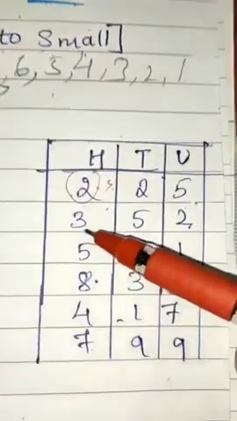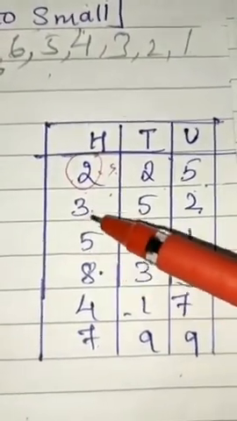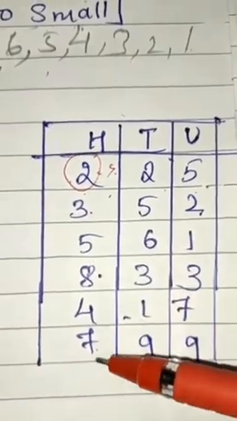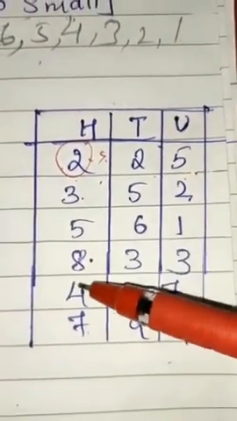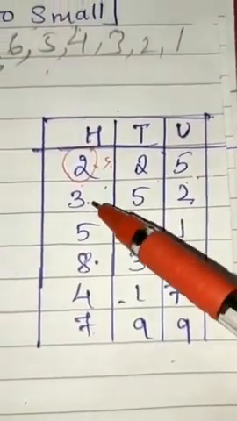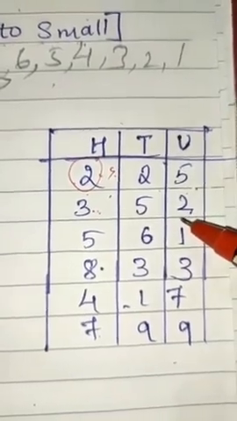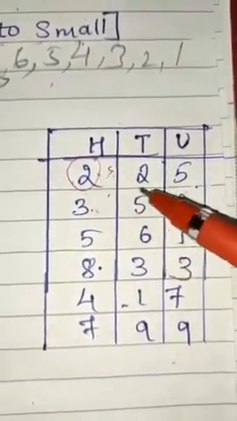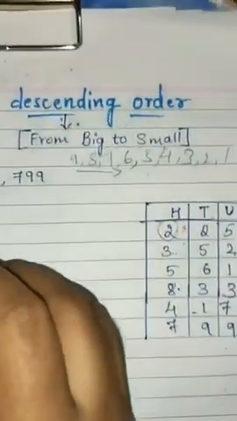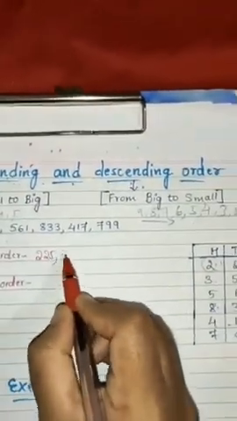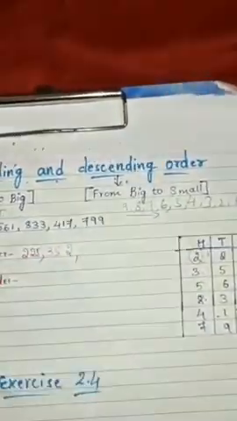Now compare all the digits which are present in the 100 place. 3, 5, 8, 4, 7. Now tell me which is the smallest one here. Yes, this 3. 3 is the smallest, means the 352 number is the next number. Okay, means it is the smallest number after 225. So let us write here 352.